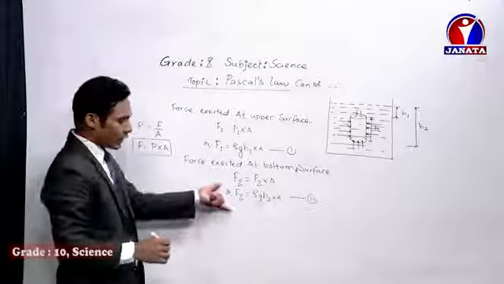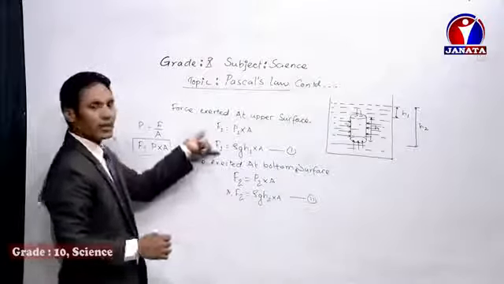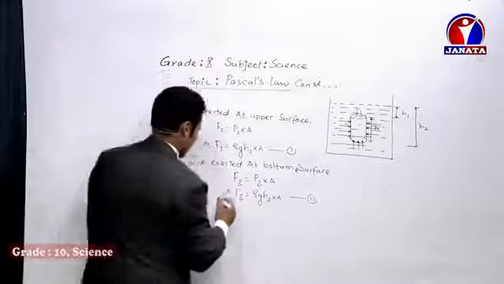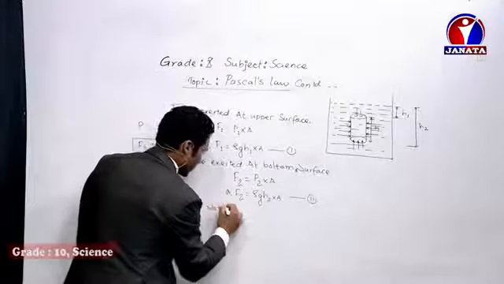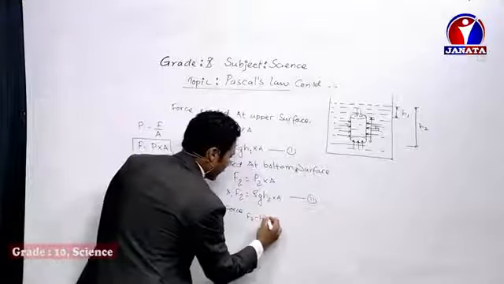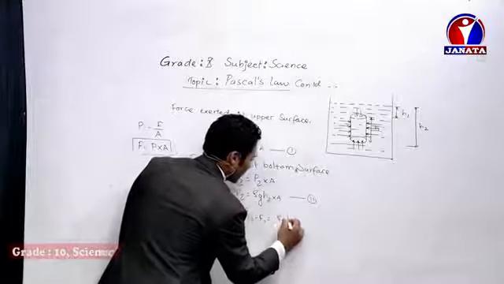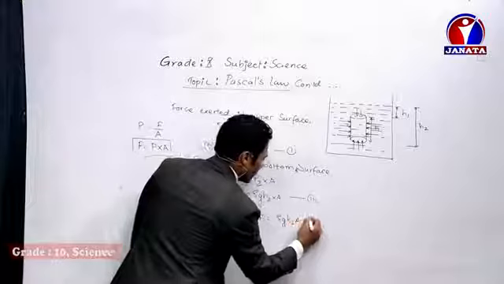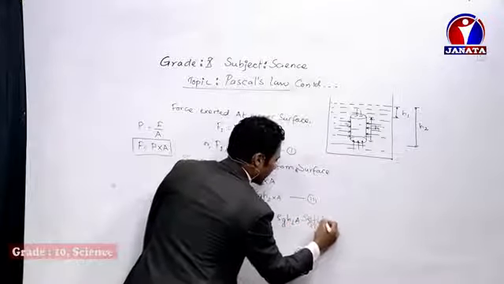If you subtract equation 1 from equation 2, that is the upthrust. The net force is F2 minus F1 equals rho g h2 A minus rho g h1 A.